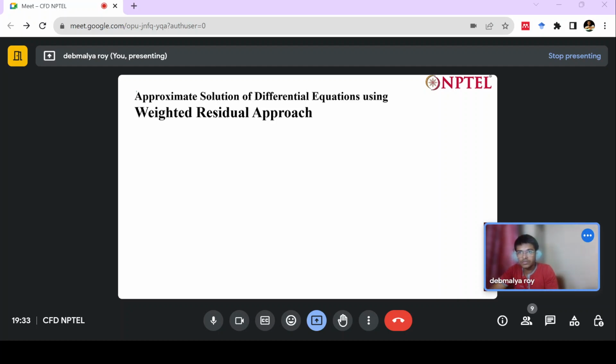So first we are going to discuss the weighted residual approach. This particular method basically tries to solve the equation as a whole. So let us see what I mean by that. Let's come to the conduction equation itself.